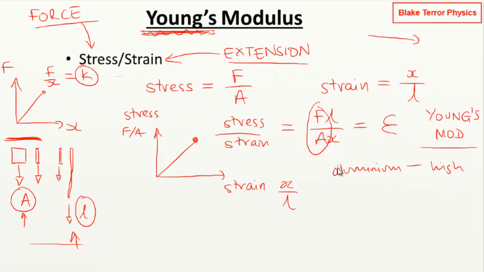The newtons per meter are high for stretching aluminium compared to, say, stretching rubber, where for a particular pressure you're going to get a much greater extension. Everything else being equal, for the same F, A and L, you're going to get a higher value of x for the rubber, so you're going to have a low value compared to the aluminium. So we've got the same sort of variation going on here for Young's modulus as we have for the force constant, but now we're just looking at the material rather than its dimensions.